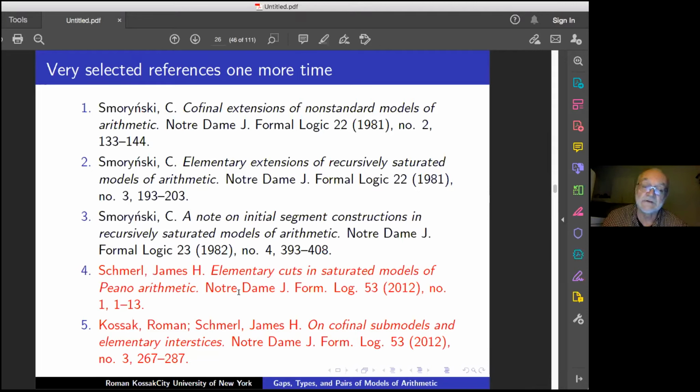It's about elementary submodels that are initial segments, and not in the case of countable recursively saturated models, but in the case of saturated models, which turn out to be, with some hard work that Jim did in that paper, much more tractable than the recursively saturated case. Questions that are open in the recursively saturated case are already decided in this case. So I would begin with a brief overview of what Jim did in his paper.